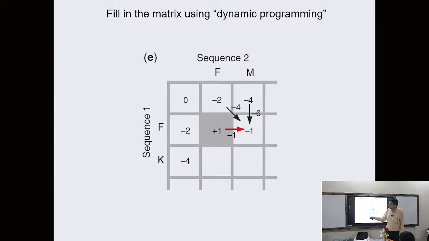And then this is vertical, which is a gap. So -4 plus -2 is equal to -6. And then horizontal, also a gap. So +1 plus -2 is equal to -1. So which is the best, the maximum, out of these three? -4, -6, -1. -1. So I will fill this with -1.